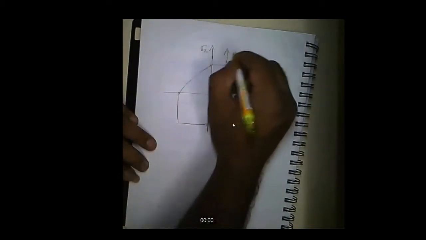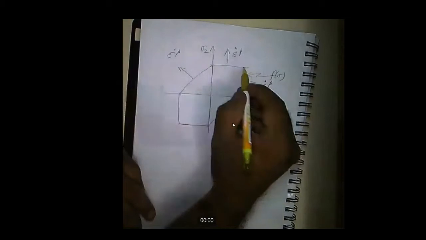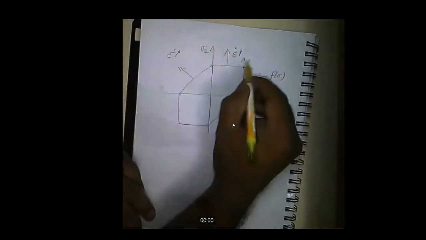The direction here will be like this, and so on. One problem that occurs is at this point, it could be either this or this or this or this. It is not unique.